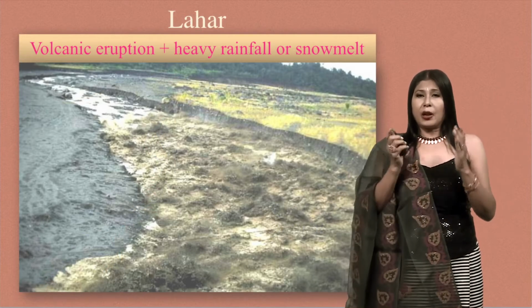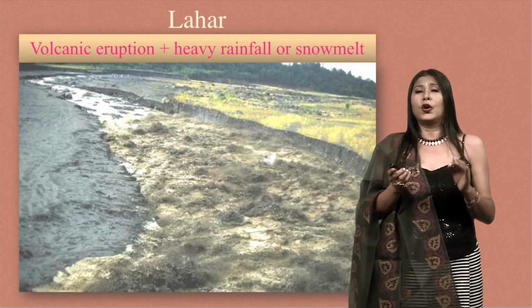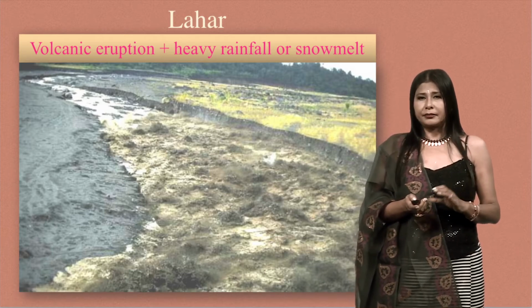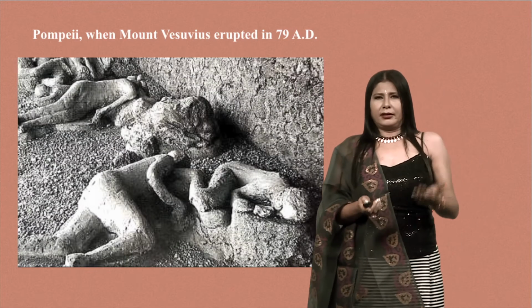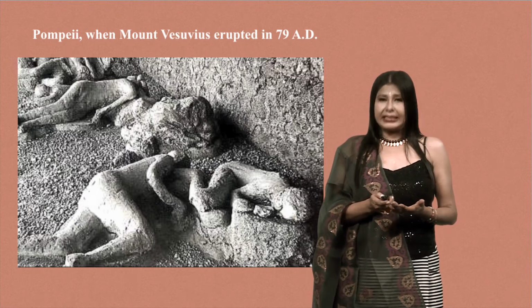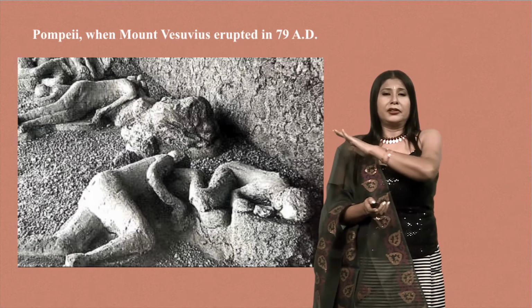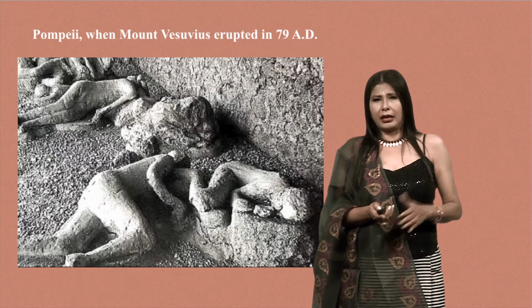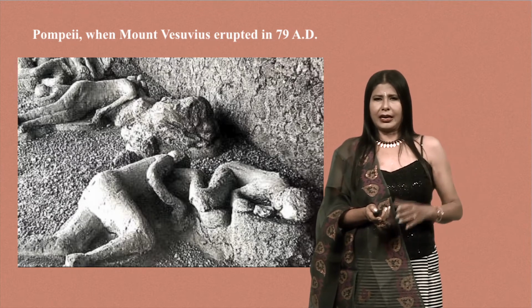So, volcanic eruption plus very heavy rain or snow melt gives rise to lahar. Pompeii, this is Mount Vesuvius, which erupted in 79 AD, and the dust fossilized and completely buried the city of Pompeii, and lahar, lots of lahar.